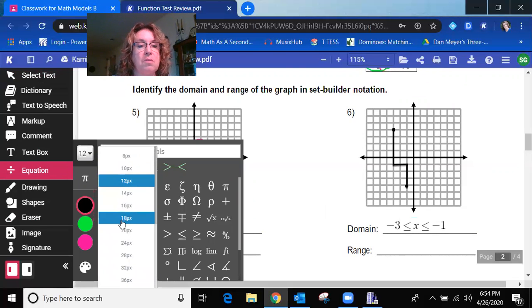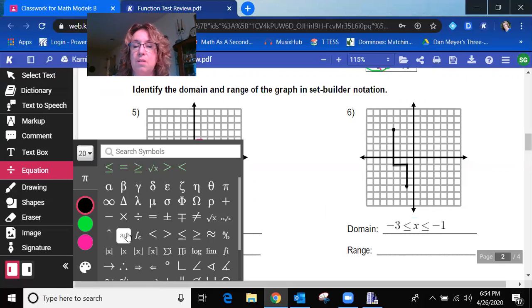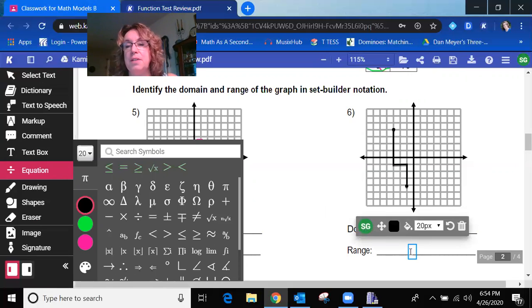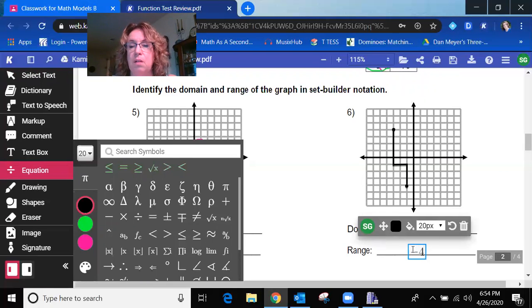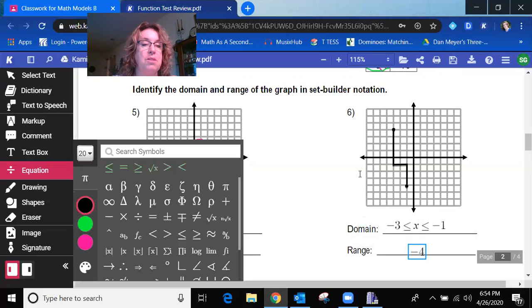Let me get this bigger to start off with. Now as far down as it goes is right here. 1, 2, 3, 4. It goes from -4, and that is less than or equal to.